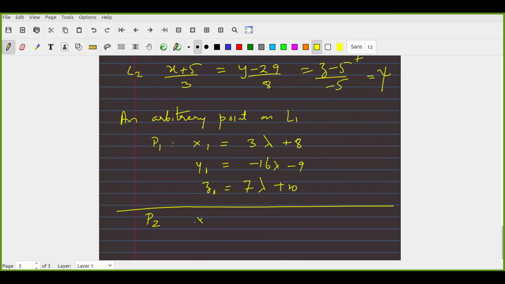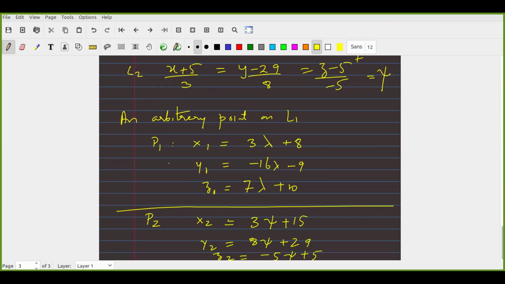P2 will be X2 equals 3 xi plus 15. Y2 will be 8 xi plus 29. Z2 will be minus 5 xi plus 5.